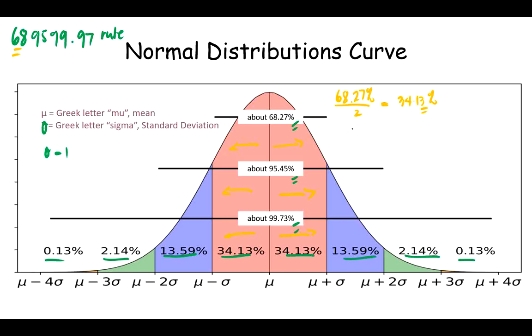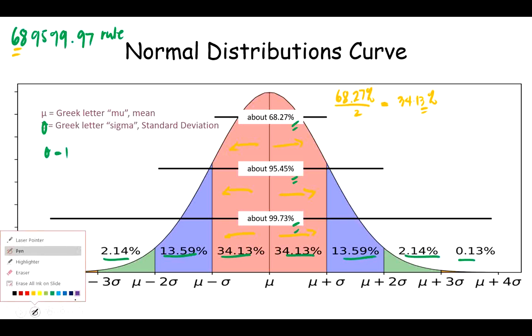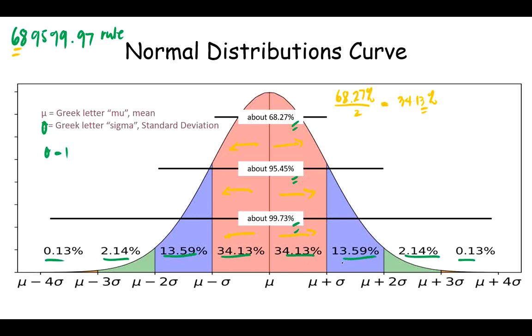Okay? Next. Paano natin makukuha si 13.59%? We are going to subtract 95.45% to 68.27% and divided by 2.